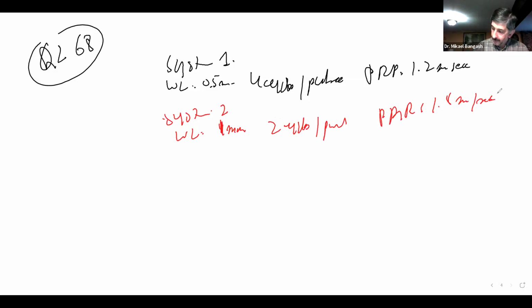Now, which ultrasound has the lower numerical value of the axial resolution? So they're asking us which has the lower numerical value of axial resolution between these two systems here.